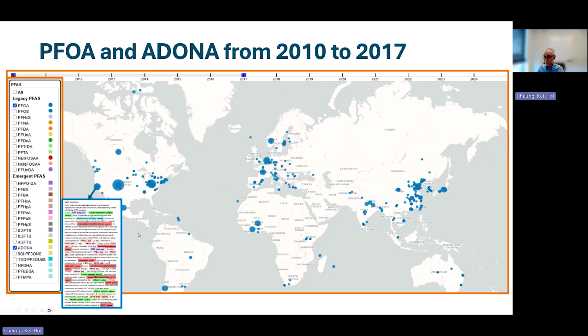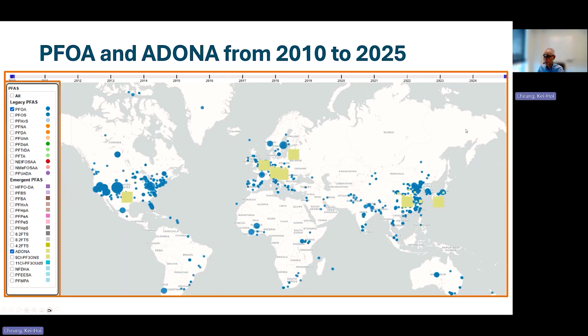And if we expand the time period to 2025, from 2010 to 2025, you can see the green squares, which represent the Adana emerging PFAS chemical, appearing after 2018.